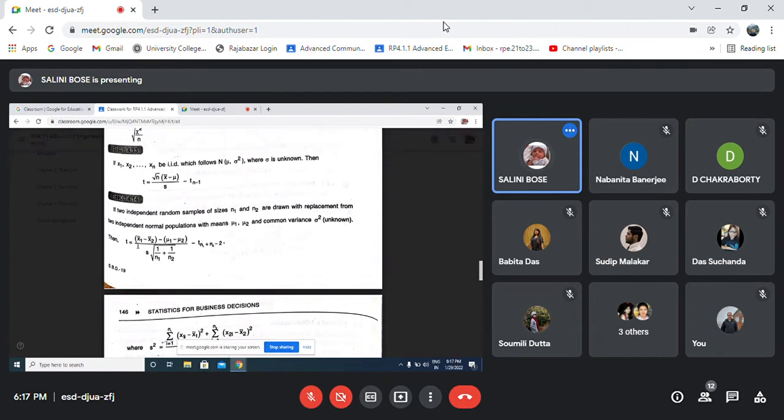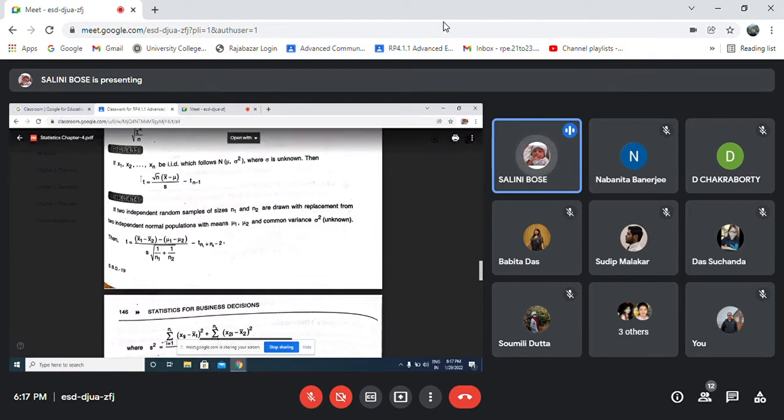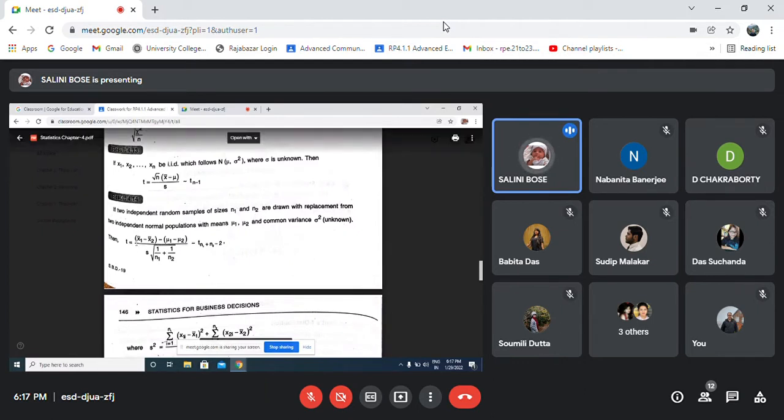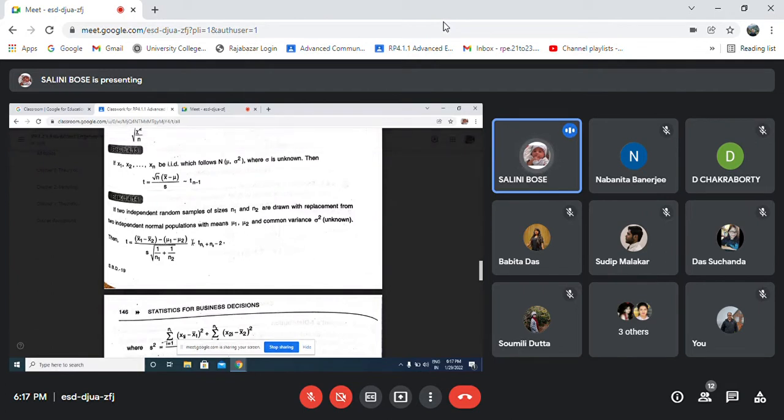formula will be t equals (x1 bar minus x2 bar) minus (mu1 minus mu2) by, because the standard formula is this. When you are taking two different sample sizes, n1 and n2, then your t will be, following the standard formula, (x1 bar minus x2 bar minus (mu1 minus mu2)) by s root over (1 by n1 plus 1 by n2).